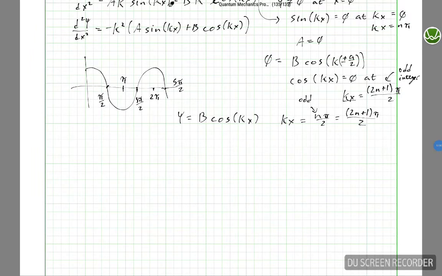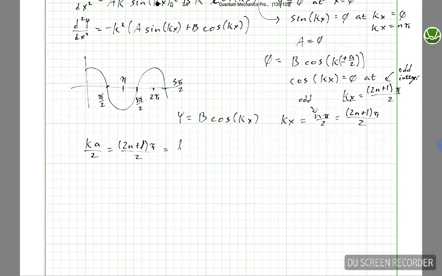Okay, so let's go ahead and plug this in here. So we'd have k at the boundaries, plus or minus, equals this. Let's make it a little bit easier.